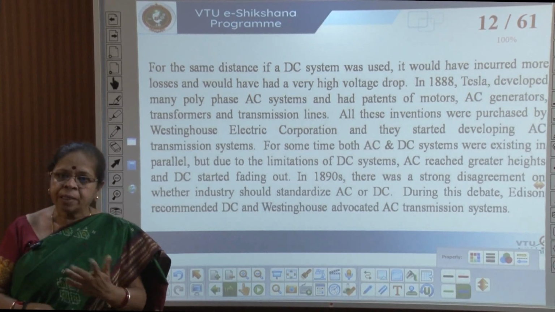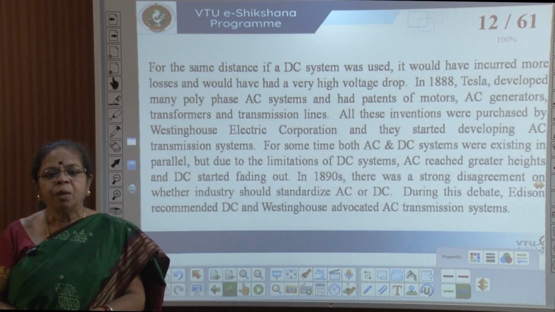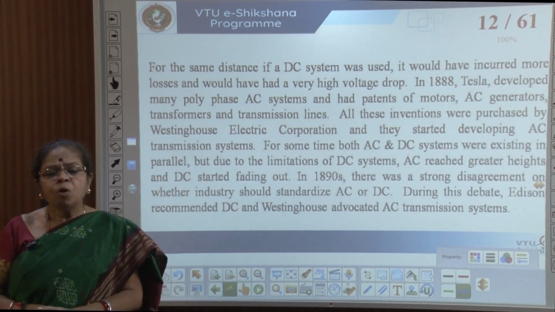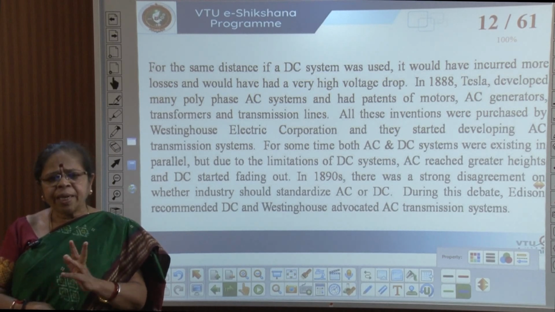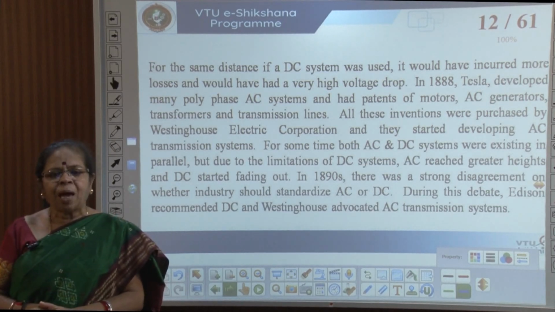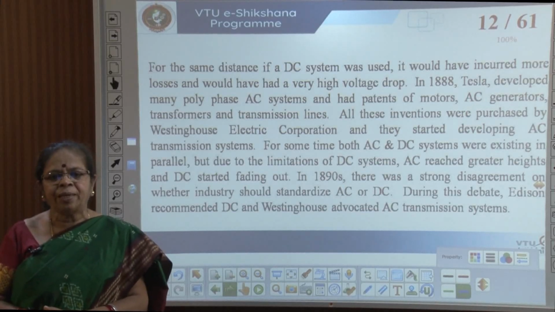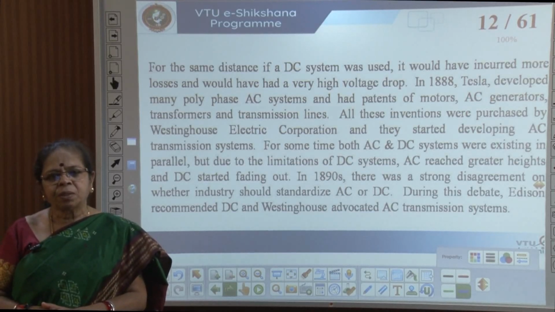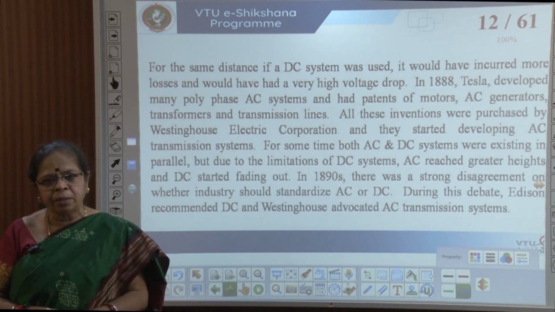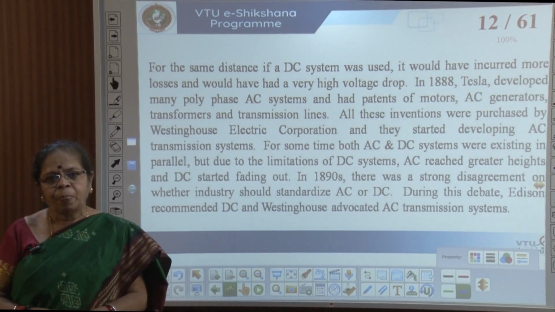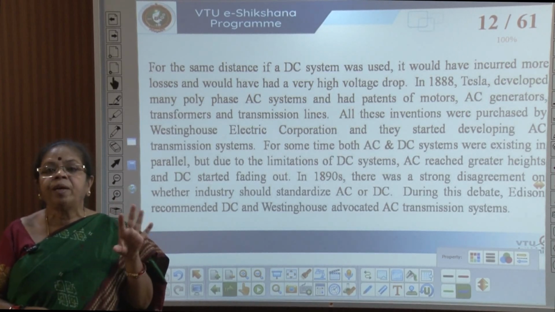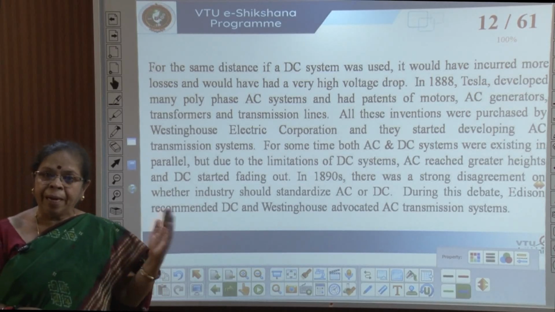So, the earlier AC transmission systems were all by Westinghouse. For some time, both AC and DC systems were existing in parallel, but due to the limitations of DC systems, as we had seen, AC systems reached far greater heights. They were scaled up, and slowly DC started fading away until they made a re-entry.